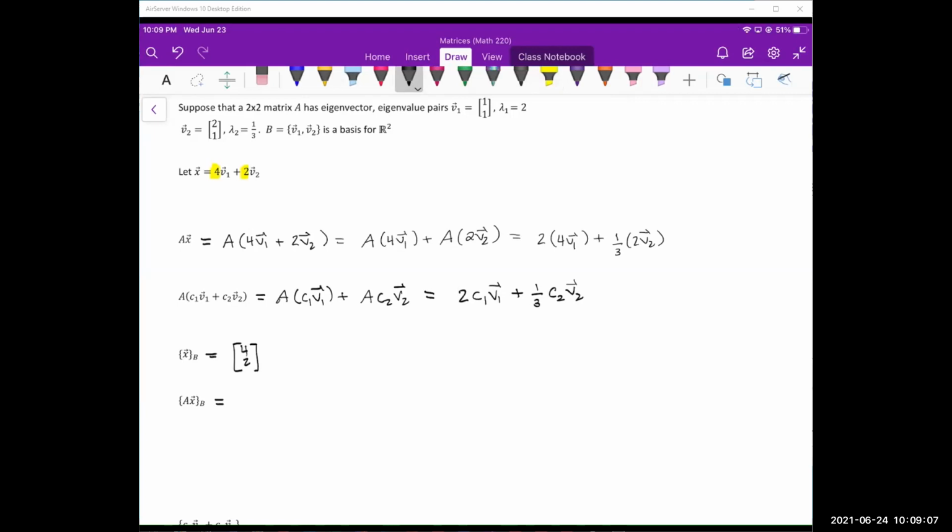And when we look at Ax, the coordinates there, what did we do? The weight in front of v1 got multiplied by 2. That becomes 8. And the weight in front of v2 got multiplied by 1/3. So now that's 2/3.